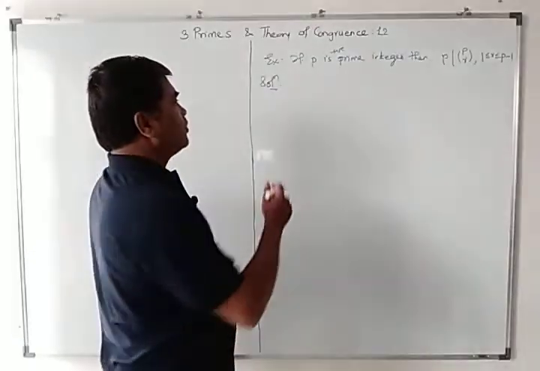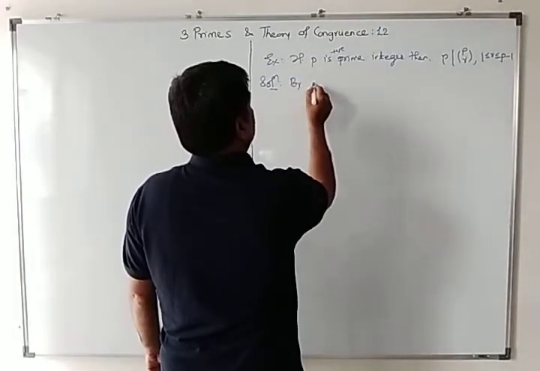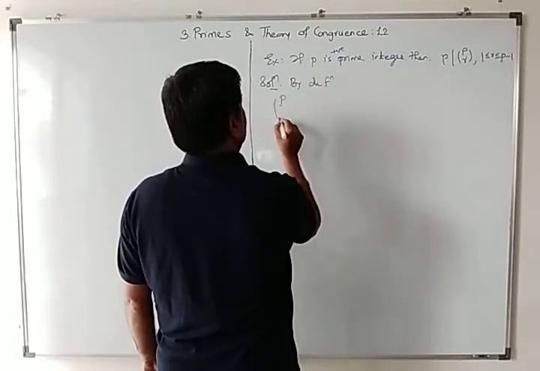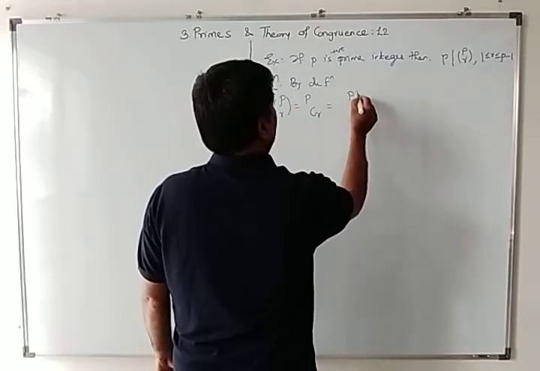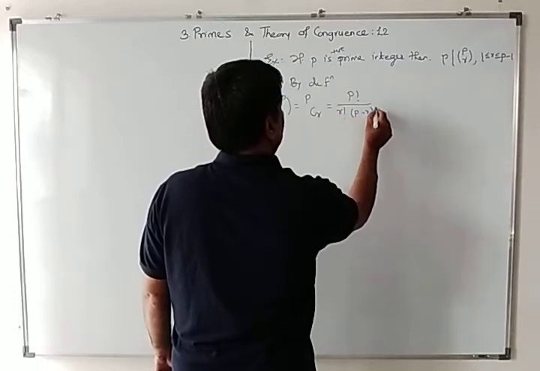Okay. So, by definition, pCr is equal to p factorial upon r factorial into (p − r) factorial.